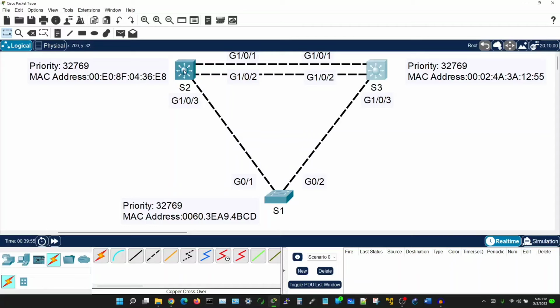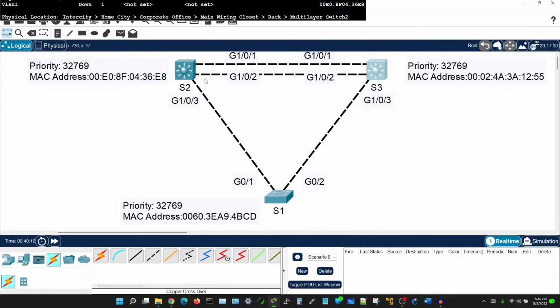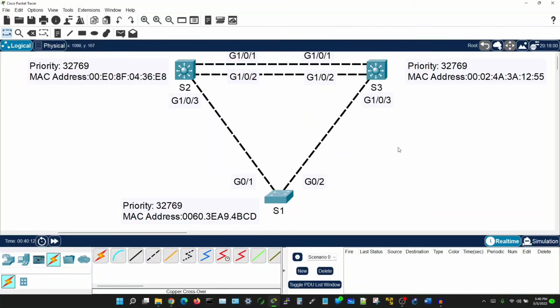All right, so moving on to switch 2. Switch 2 is not the root, but it must have a few things going when it comes to spanning tree, and we talked about that in the previous video. Basically, switch 2 has to have a designated port and a root port.